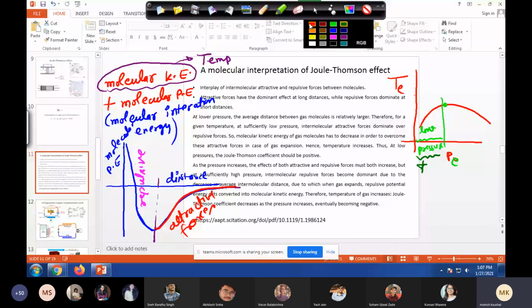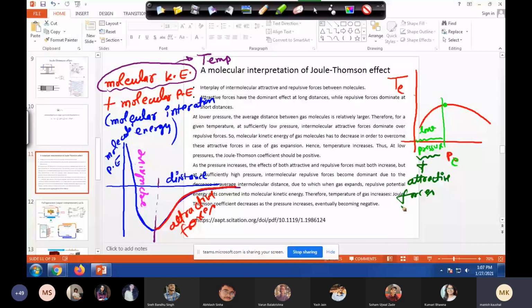Molecules are far from each other, relatively, right? Yes, sir. So which one will dominate, attractive forces or repulsive? When distance is larger, attractive forces will dominate. Yeah. So in the low pressure regime, attractive forces dominate.